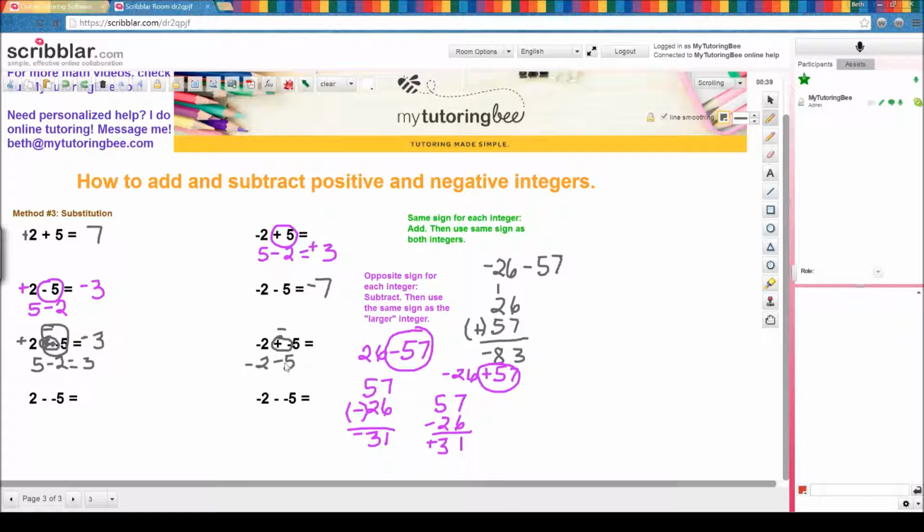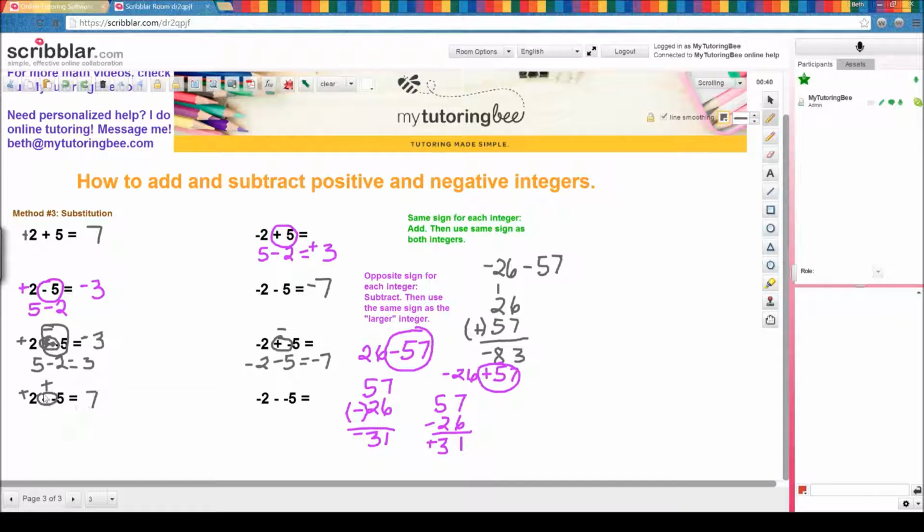Okay, so I've got 2 of the same sign, so I'm really thinking add with these 2 numbers because I've got a negative 2 and a negative 5. So I'm adding those to give me 7, but both of my integers are negative, so my answer is going to be negative. Here I have 2 negatives, so that's going to turn into a positive. Positive 2, positive 5.